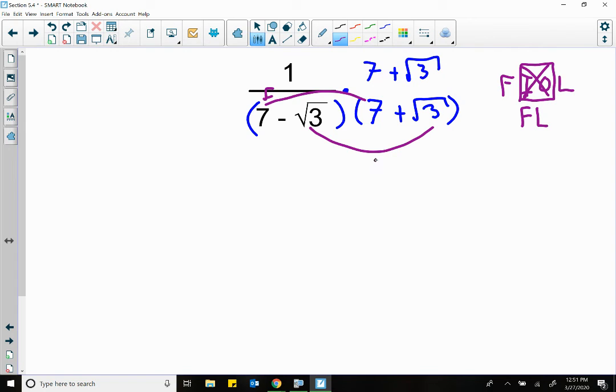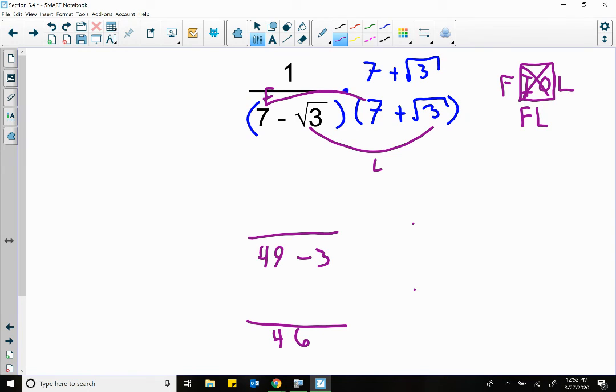I call it the Florida. Okay? So if I take 7 times 7, that gives me 49. If I take a negative square root of 3 times a positive square root of 3, that gives me a negative 3, because a negative times a positive is negative, and they're the same radical, so the number pops out. So in the denominator, we have 46, because 49 minus 3 is 46.